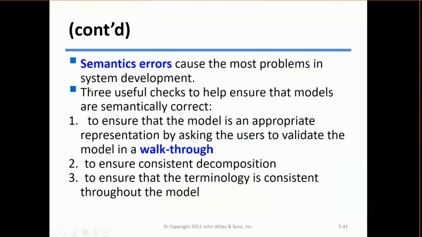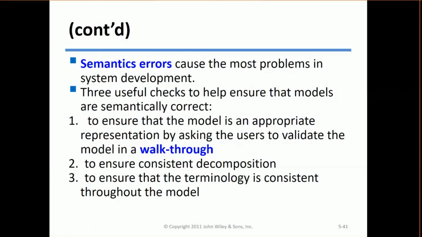Semantic error. One way to understand semantic error is that at the end of the system you get some strange result and you don't know where it is coming from. You are not expecting that, or your client was not expecting that.